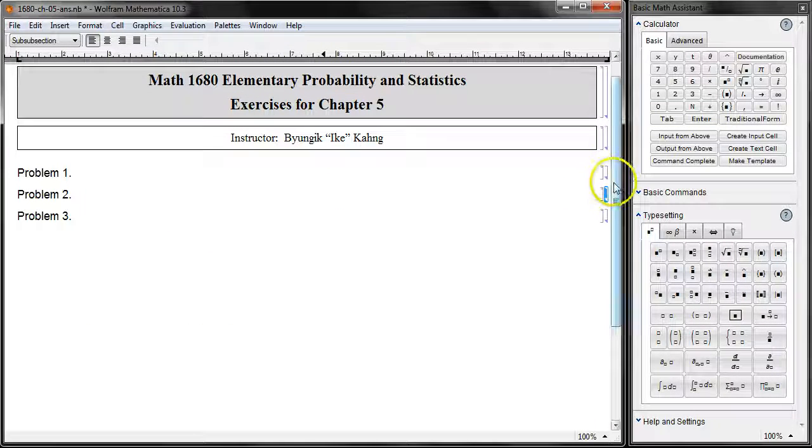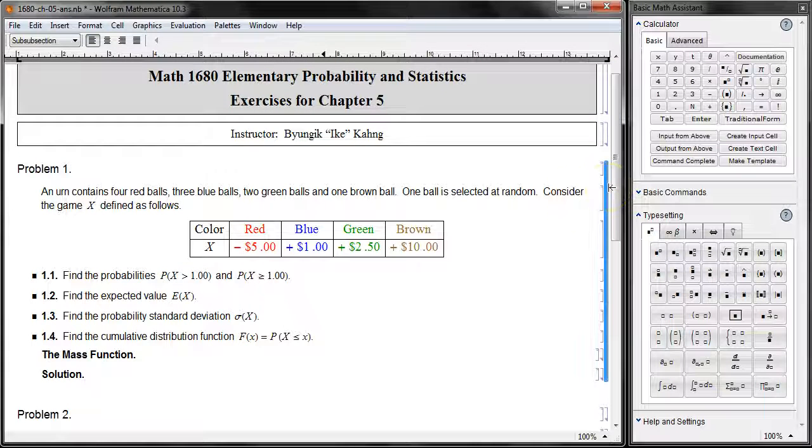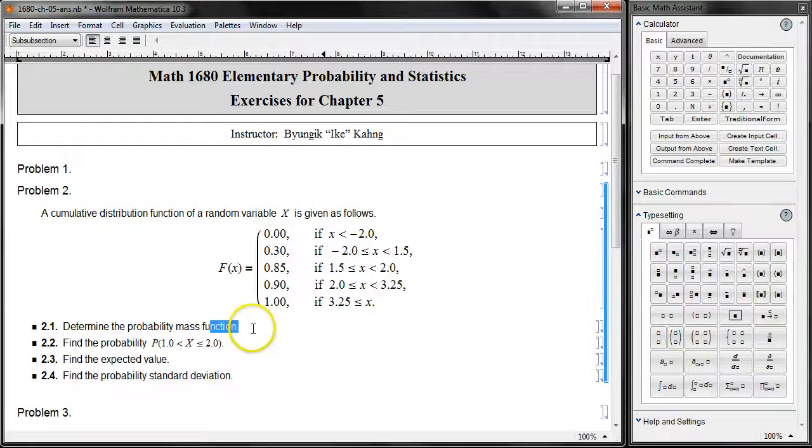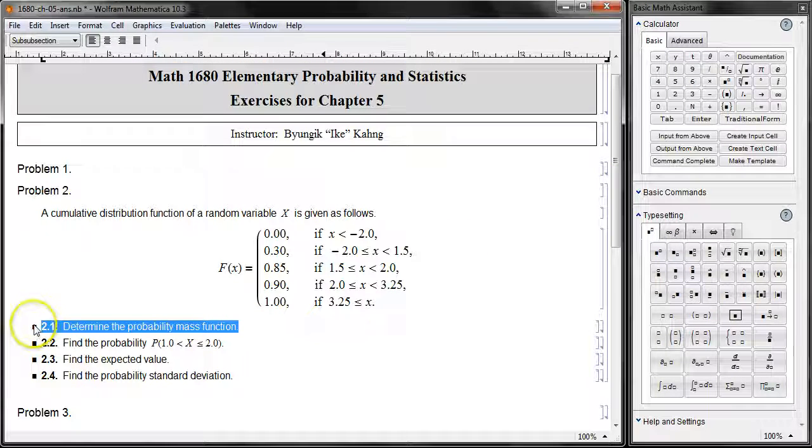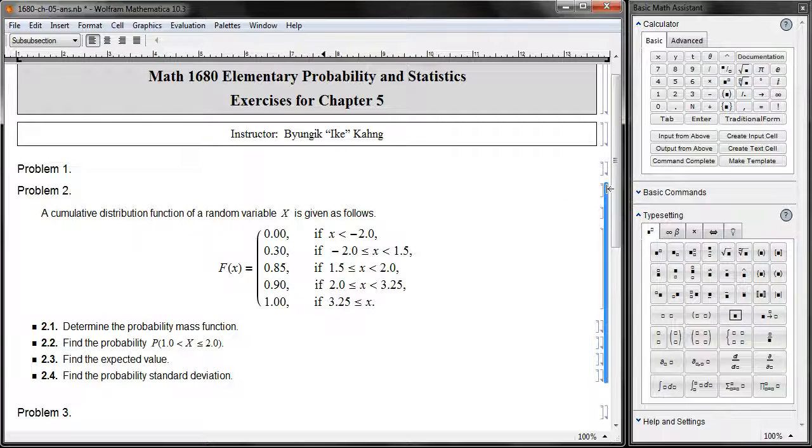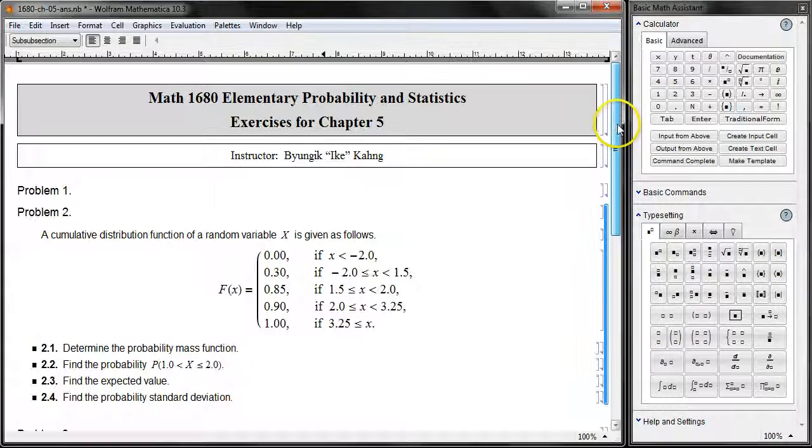Let's go back to problem 1. Problem 1, subproblems 1 to 3 were easy. The last one was the hardest, wasn't it? Getting the cumulative distribution function from the mass function. Problem 2, the very first part is the hardest. Once you have the mass function, the others are all easy, but the very first step is difficult, so a lot of students end up screwing up in the very first part, and that can be a little bit devastating, but it can't be helped.